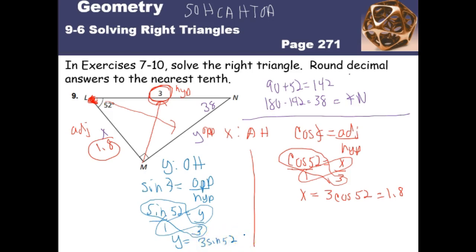So plugging that into my calculator, I get 3 sine 52, and again, not the inverse, the regular button, and I get 2.36, so that would be 2.4. Okay, so y is 2.4, which is smaller than 3. And when I add 1.8 and 2.4 together, I get a number bigger than 3, so these numbers look reasonable to me. Okay, now number 10.